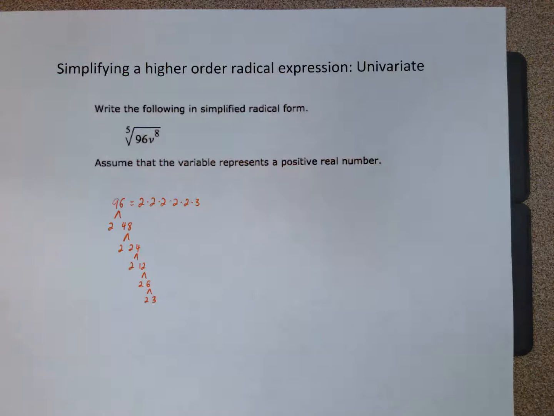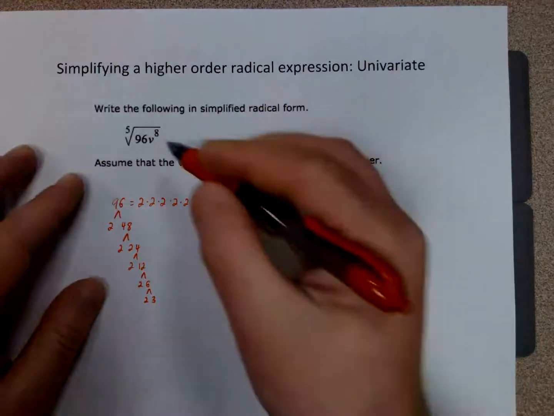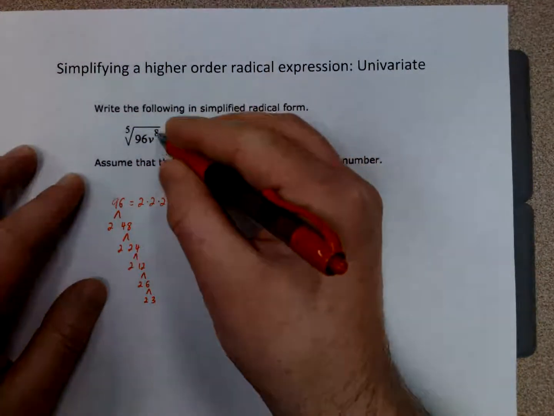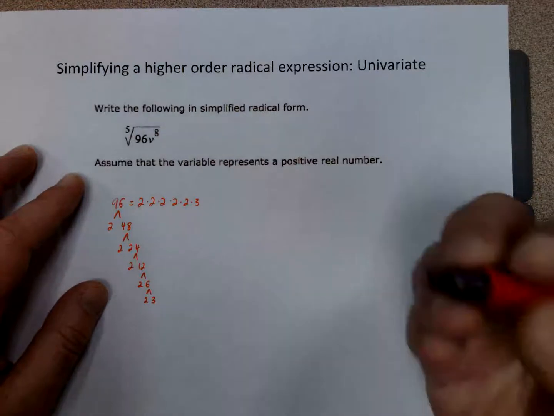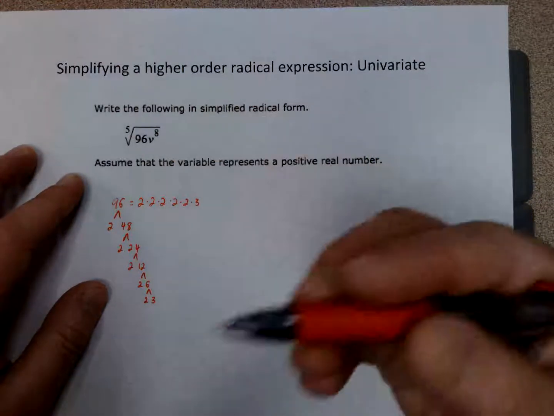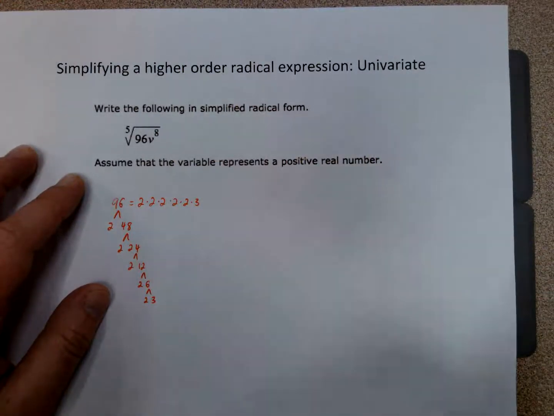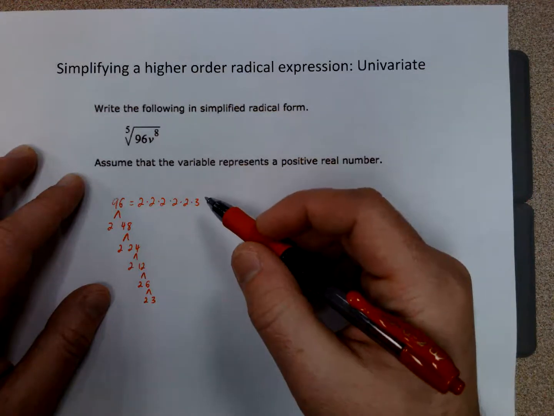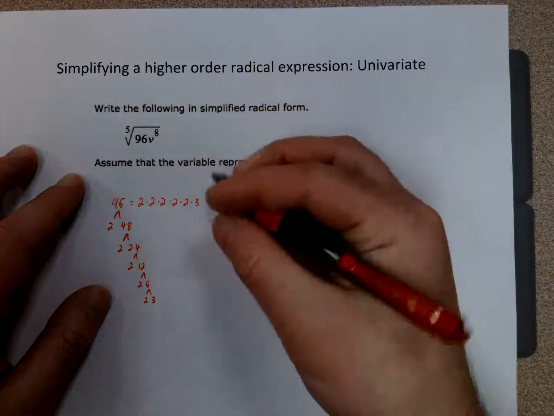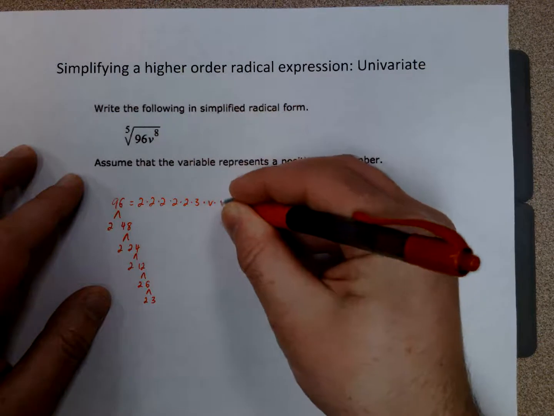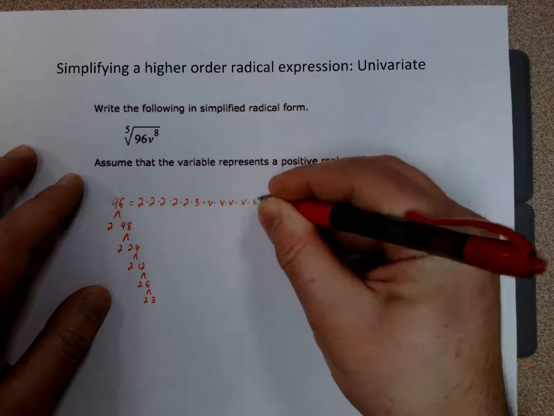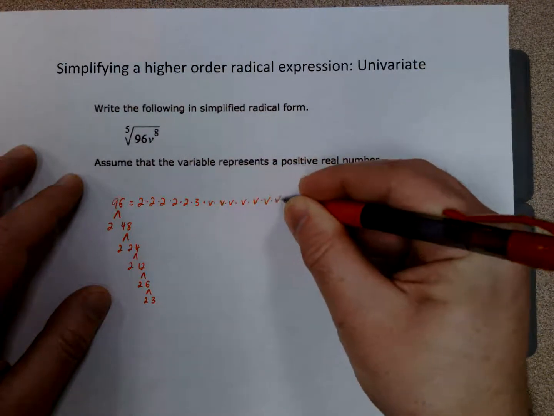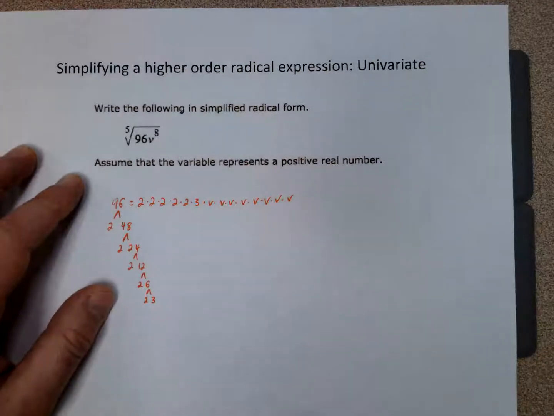And then we have v to the 8th. If we have a large number here, you don't have to do this step. You could divide and find your remainder. But since there's only 8, I'm going to go ahead and write them out. So v, 5, 6, 7, 8.